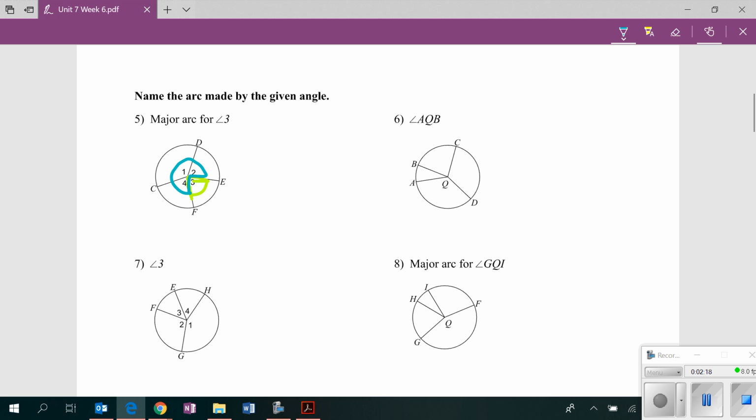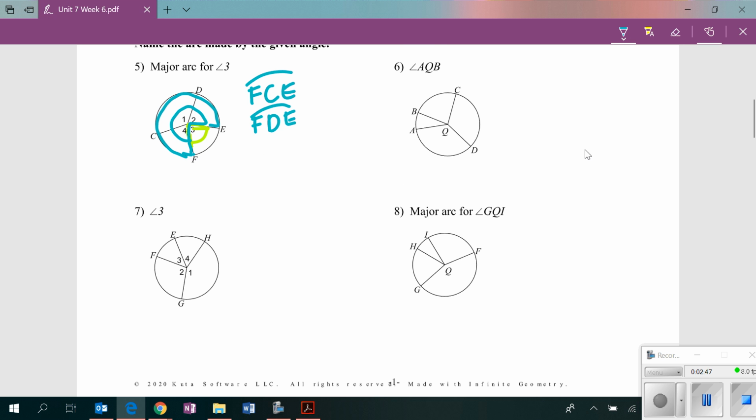Okay? So that means I'll be naming this arc FCE because I need to go here all the way to E to complete that angle, or I could call it FDE. Both work, okay? As long as you're denoting that you're going through one of these other pieces before you get to E.